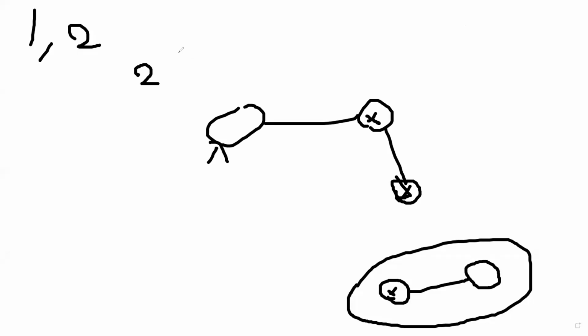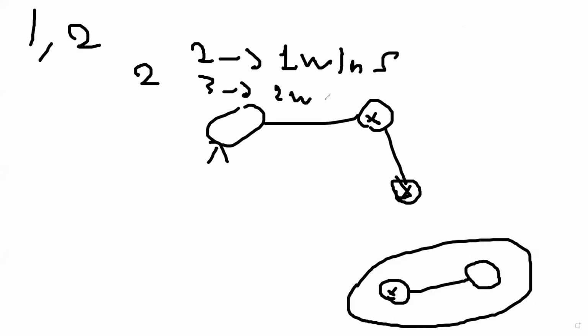So we said that if we start with 2 nodes, then one wins, and if 3 nodes, then two wins. I think you can see the drawing, right? Yes, I think yes. Okay.